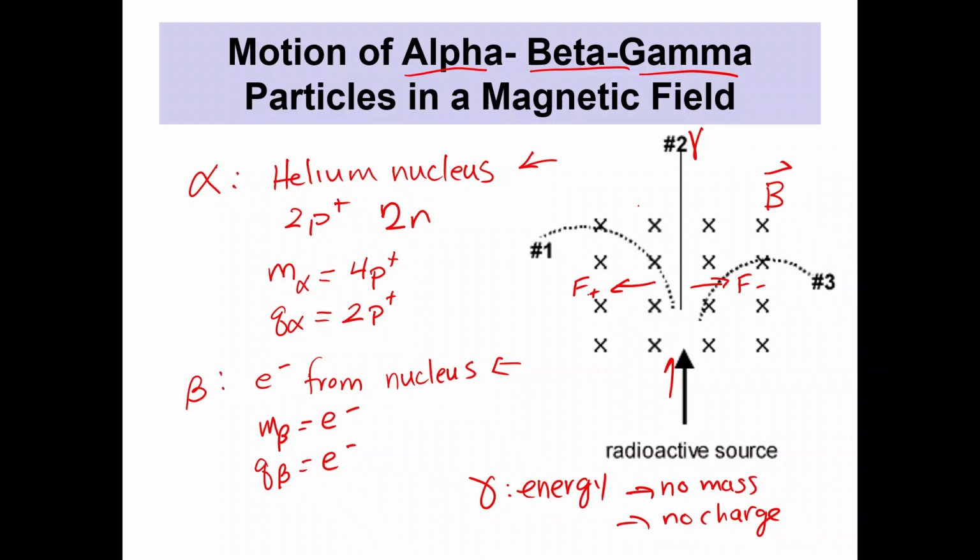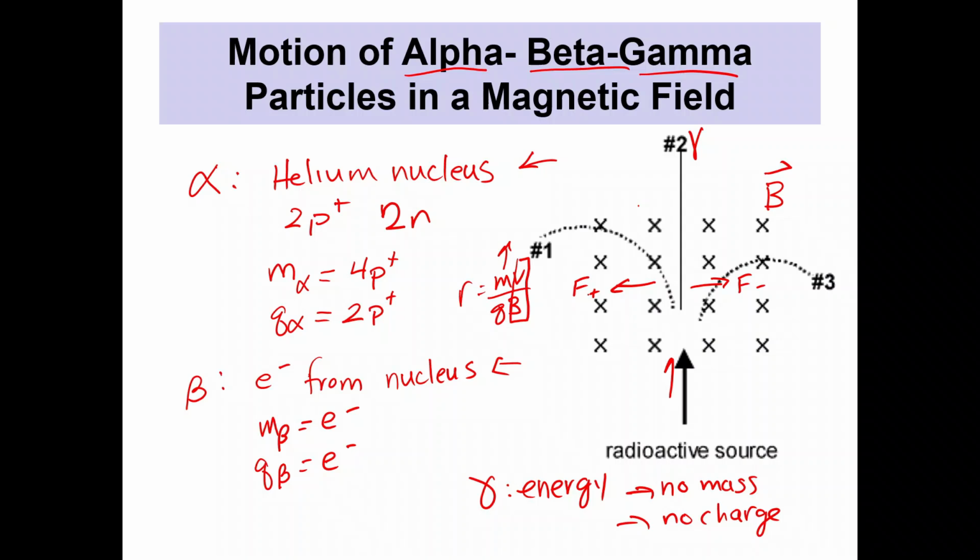Now, also notice that they have different radii, and the different radii depend on the fact that they have different charge and mass ratios. Our radius is mv over qB. Assuming that they have the same velocity and magnetic field, the bigger the mass to charge ratio, the larger the radius is going to be.